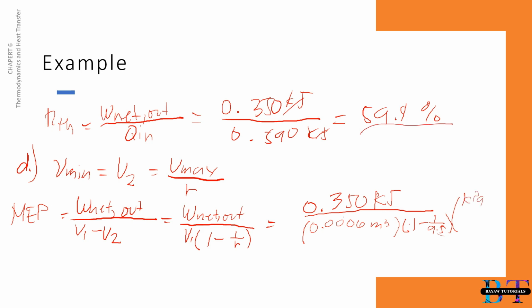Kilopascal times cubic meter is equal to kilojoules. So our MEP is equal to 652 kilopascal. So this is our answer for letter D.